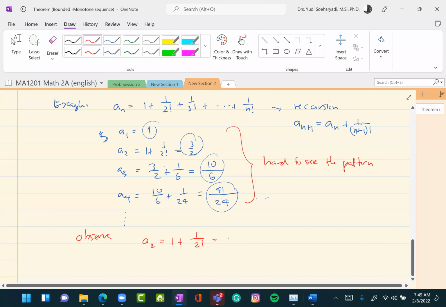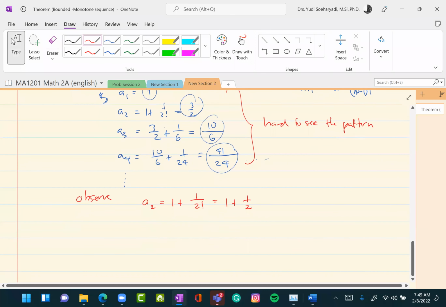Okay, so this is 1 plus... A3, for example, 1 plus 1 plus 1 over 3 factorial.